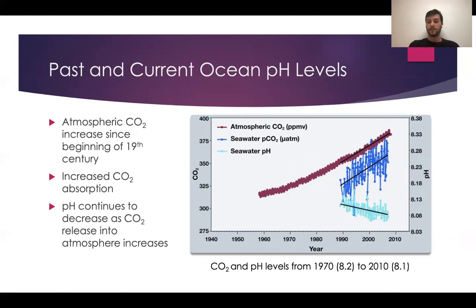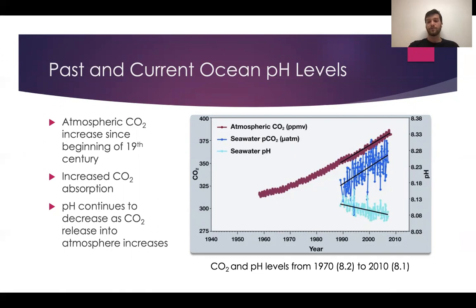And you can see in this graph, this dark blue line near the top is the CO2 that's in the water. The maroon one above it is CO2 in the atmosphere. So those two are pretty much directly correlated. So more in the atmosphere equals more CO2 in the water.